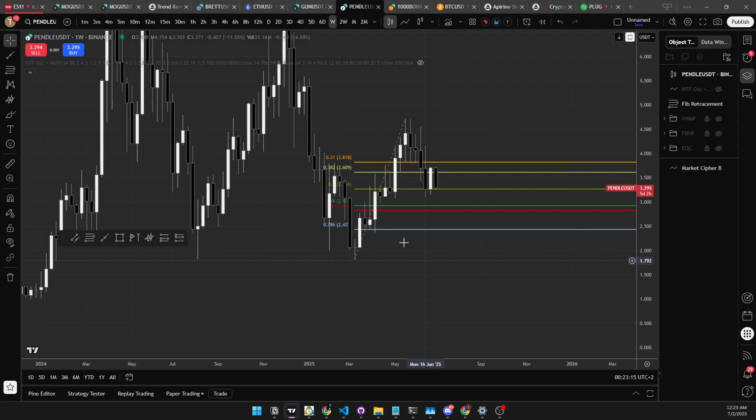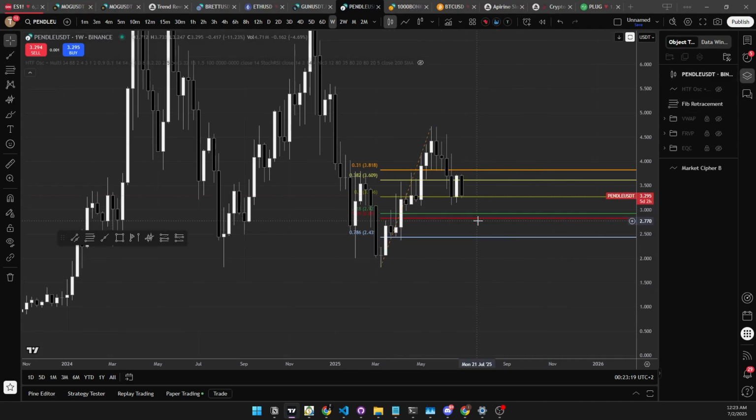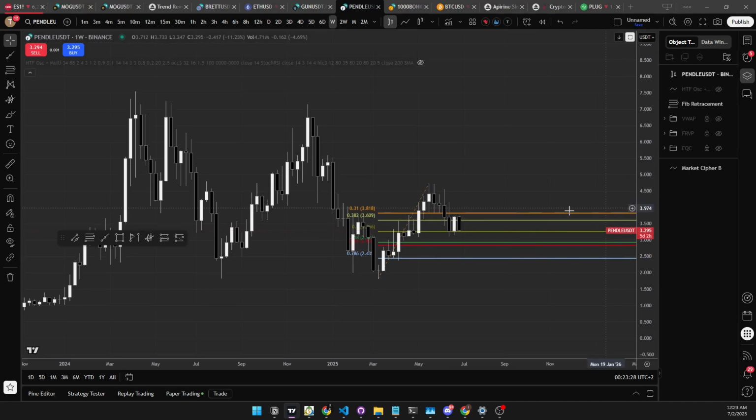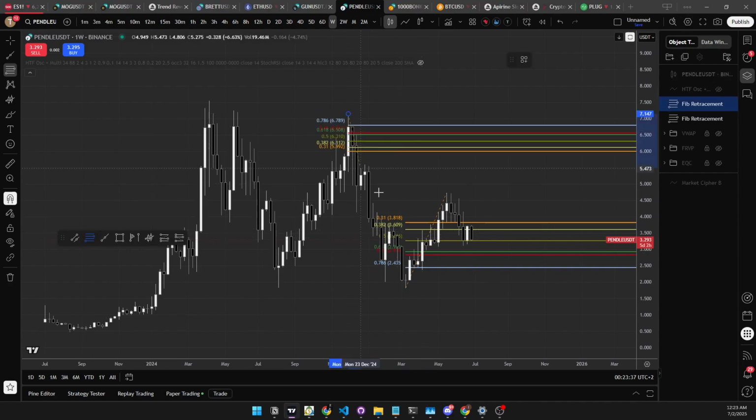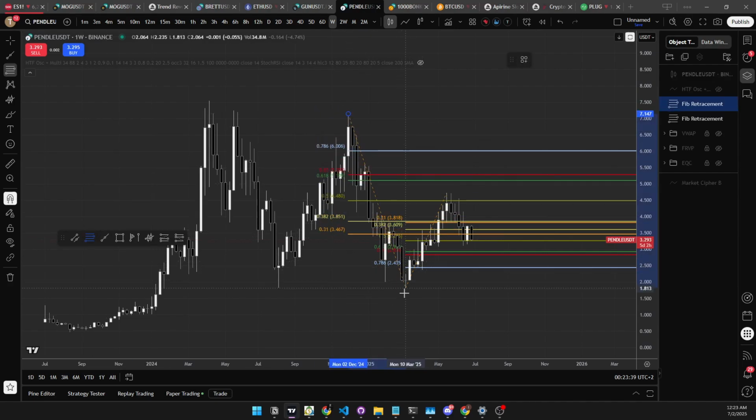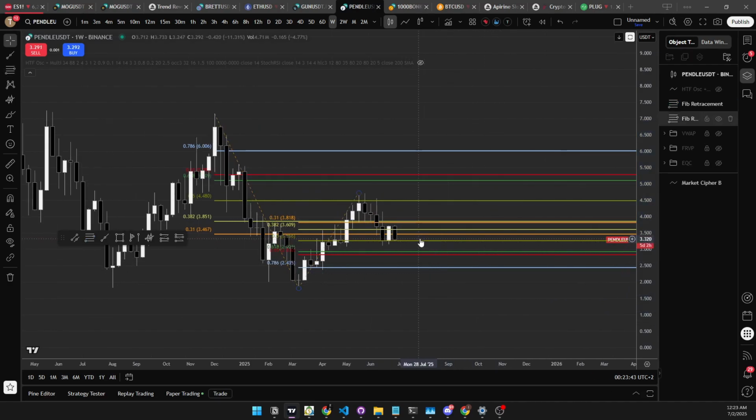Yeah, I mean, I have more than usual here because the ones I look at most are the 786 and the golden pocket, but doesn't matter, right? For confluence, you can have more. So, yeah, let's do one from up here. Hmm.